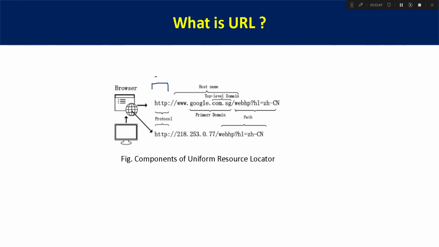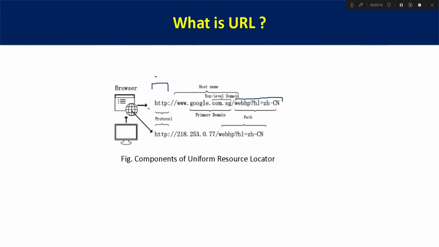And then, in the end, there is a path, which is the exact address of a particular page of the website. This gives the idea of the particular path at which the resource presently exists in this website, so it consists of the complete address of a particular resource.